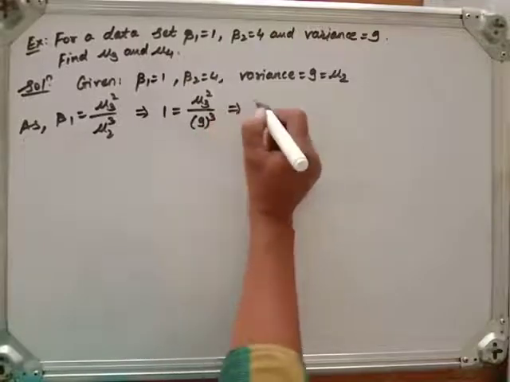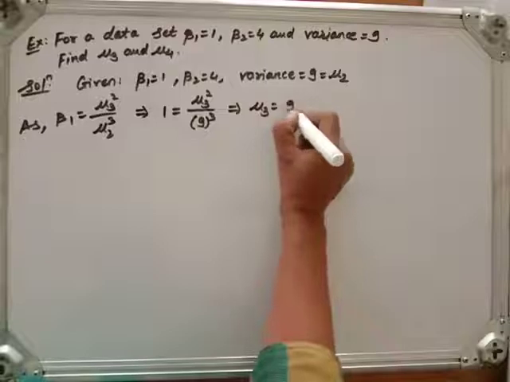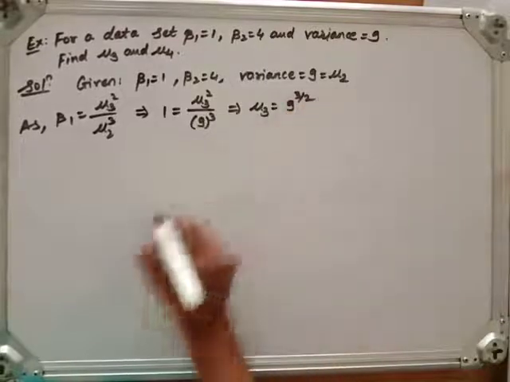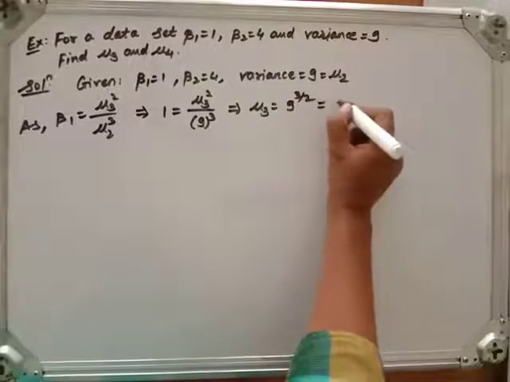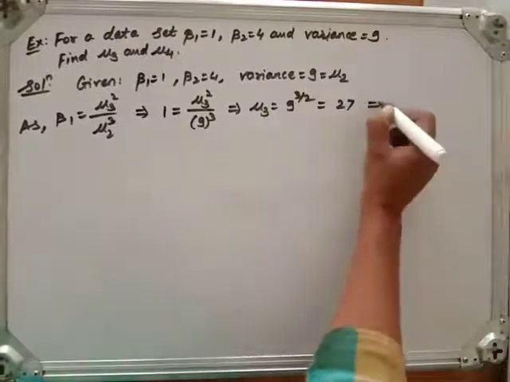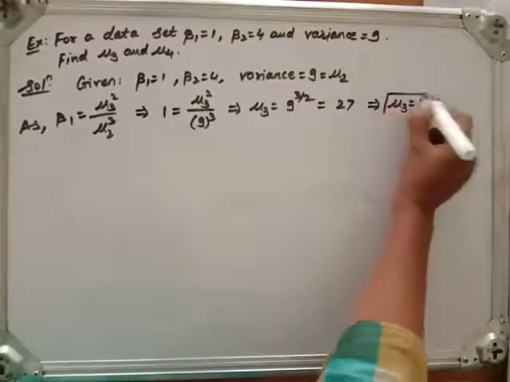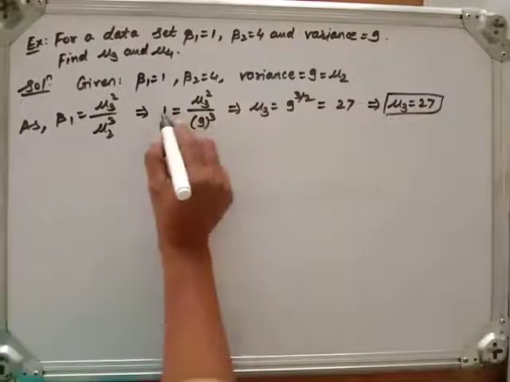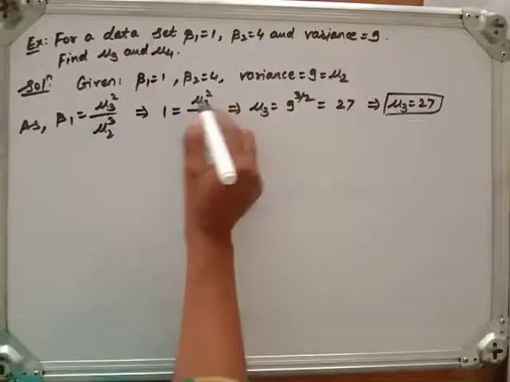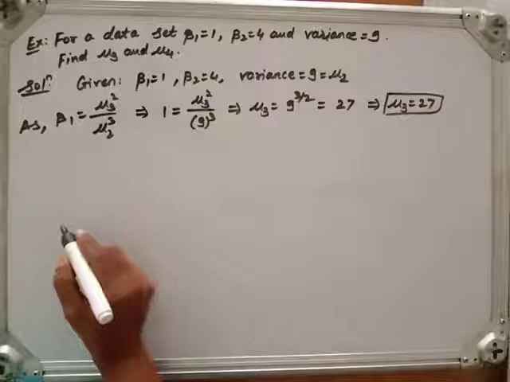This gives mu 3 is equal to 9 raised to 3 by 2, which is 27. Here it is a square, so we take the square root, that is 9 raised to 3 by 2.